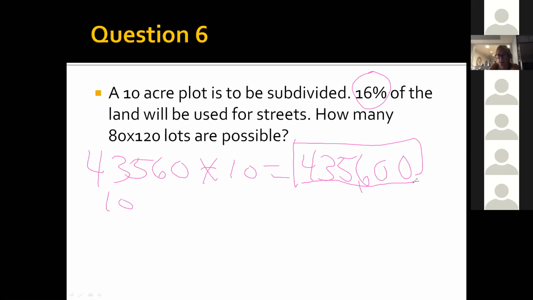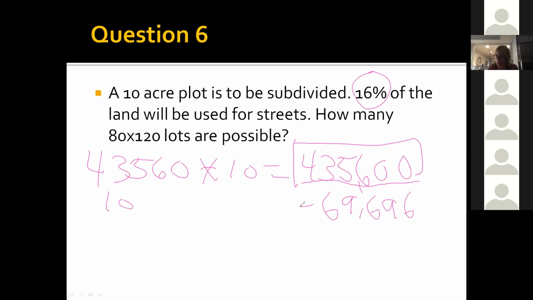We're going to say 435,600 times 0.16. That's going to mean 69,696 square feet are going to have to be for roads.